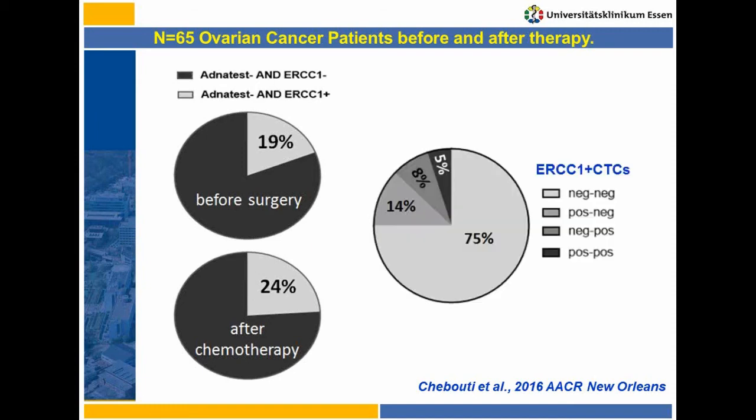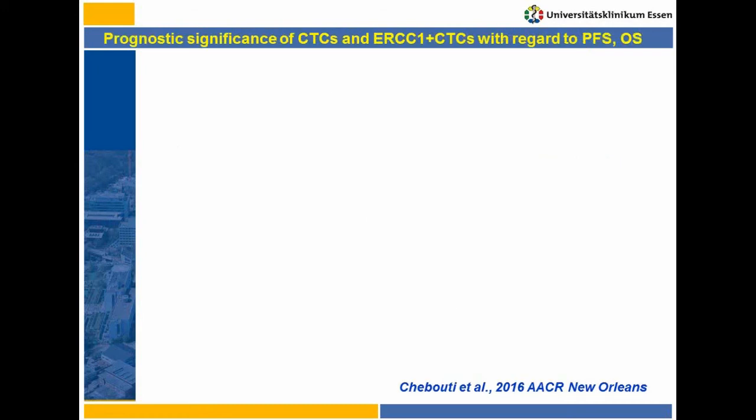And if we look at the double positive patients, you see that 75% of the patients never show any markers on the cells. But there are 5% of patients with a persistence of cells and 14% of patients where cells are eliminated after therapy and 8% of patients who change from negative to positive.